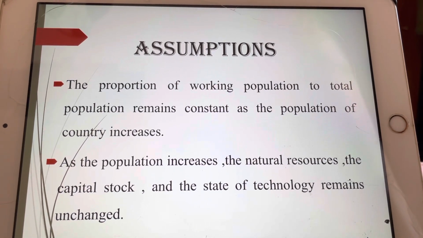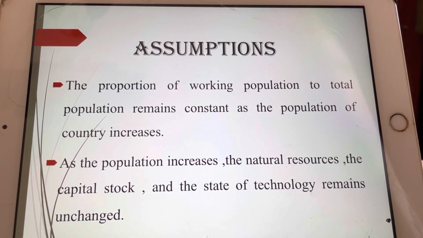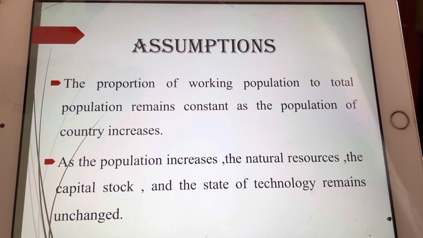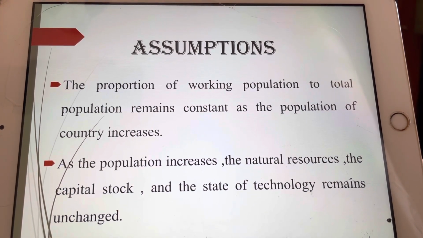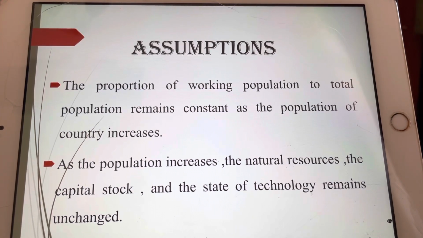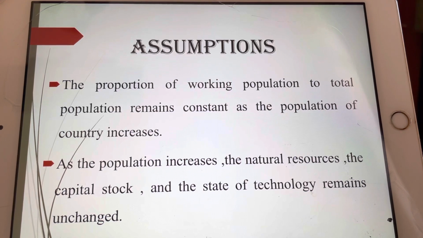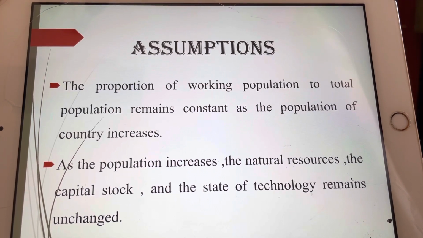Now we will discuss assumptions of optimum theory of population. The proportion of working population to total population remains constant as the population of country increases. What does it mean?